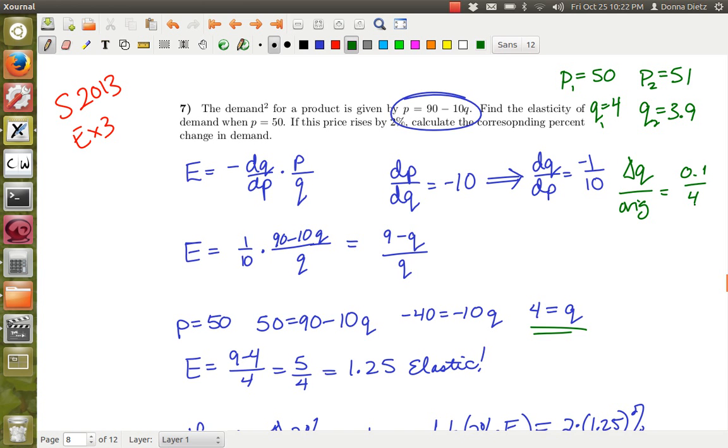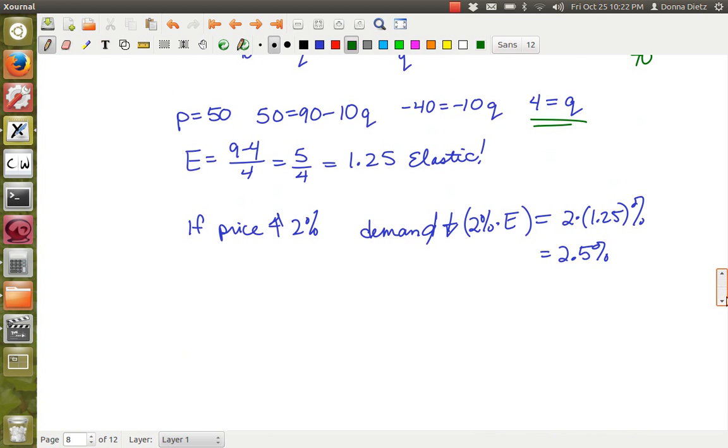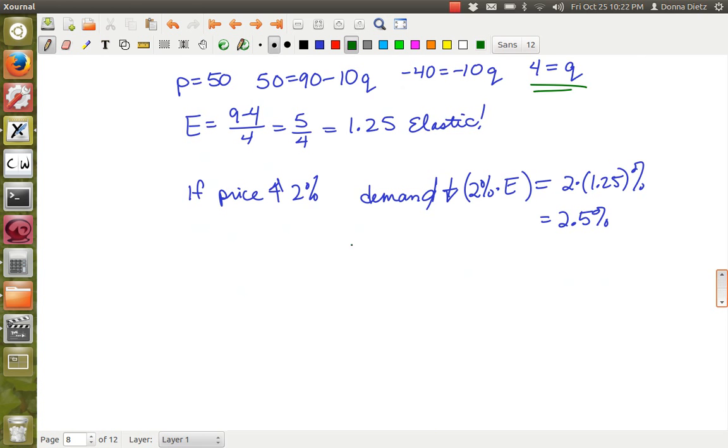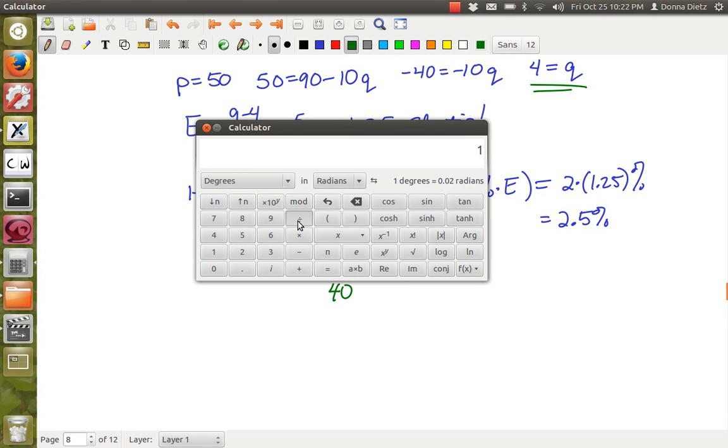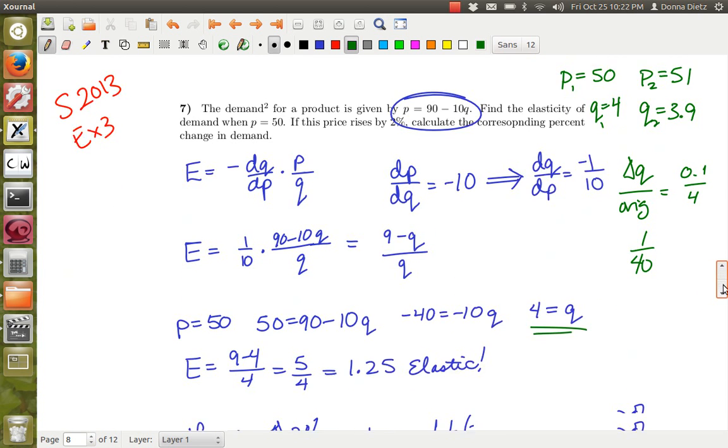I'm going to multiply top and bottom by 10, which gives 1 over 40. What is that? 1 divided by 40 equals 0.025. Yippee! Which is equal to 2.5%. Okay, same answer, different technique.